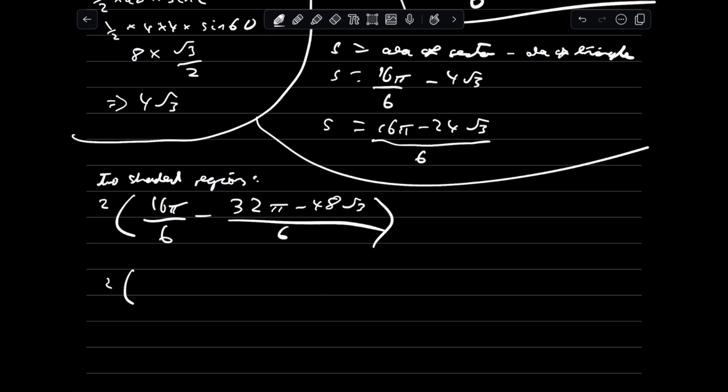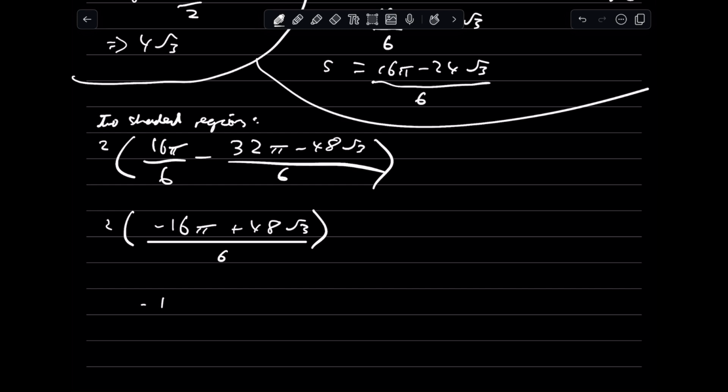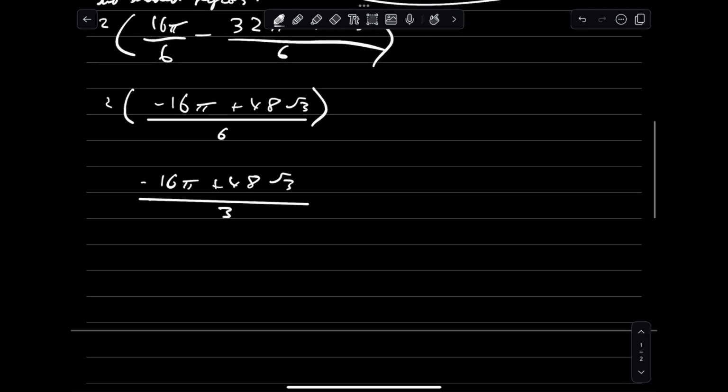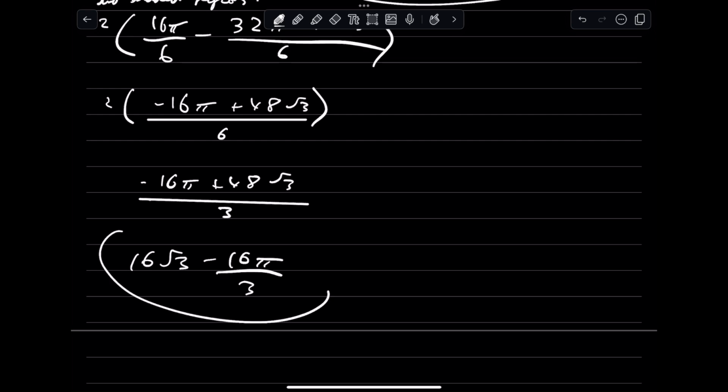Now, this can also be written as, well, minus 16 pi plus 48 root 3 all over 6, which is also minus 16 pi plus 48 root 3 all over 3, which is therefore 16 root 3 minus 16 pi. This is our answer.